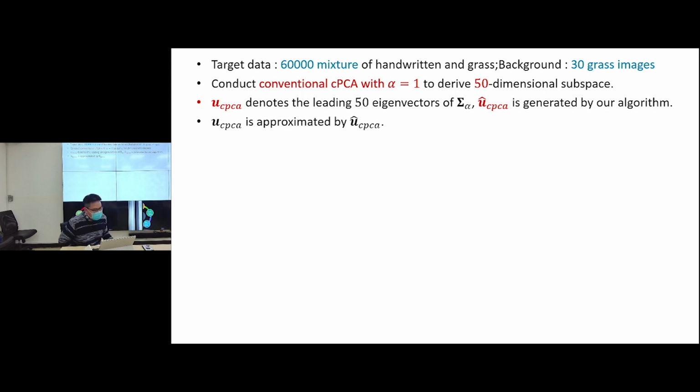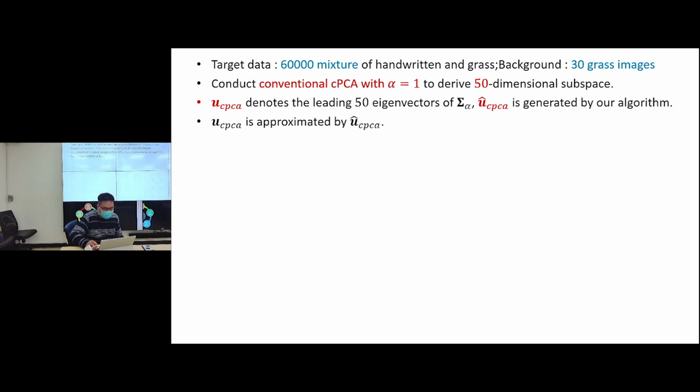We also conduct contrastive PCA with contrast parameter alpha equal to 1, and we derive a 50-dimensional subspace. We also denote the eigenvectors of sigma alpha, and U hat CPCA is generated by our algorithm.